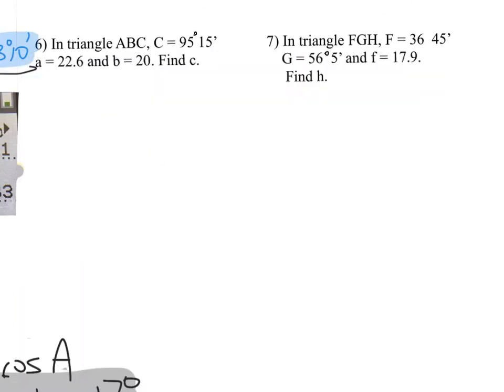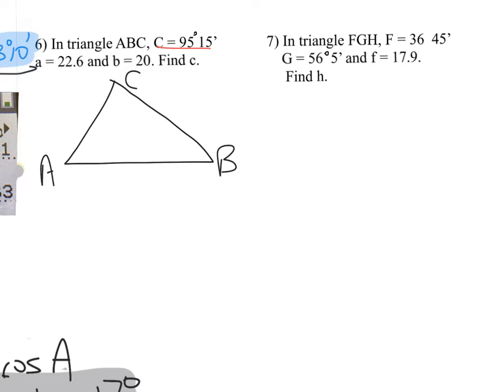Looks like for problems 6 and 7, we have to draw our own diagram. So for problem 6, we have triangle ABC. And it doesn't really matter where the letters go. It matters how you label your picture. So here's triangle ABC. It says big C, so that's angle C. That goes on the inside, 95 degrees, 15 minutes.